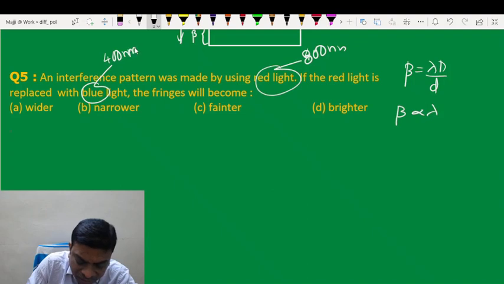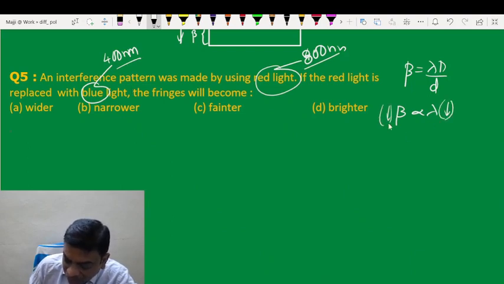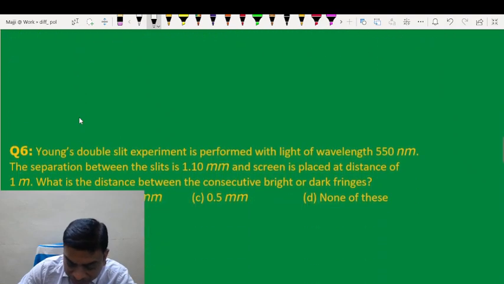Approximately, students, it is enough. So we have replaced the more wavelength with lesser wavelength. So if lambda has reduced, beta will reduce. Okay, so fringe width will reduce, means fringes will become narrower.